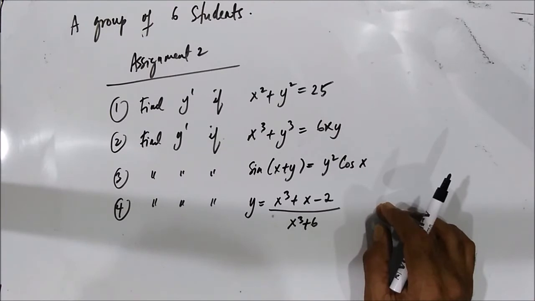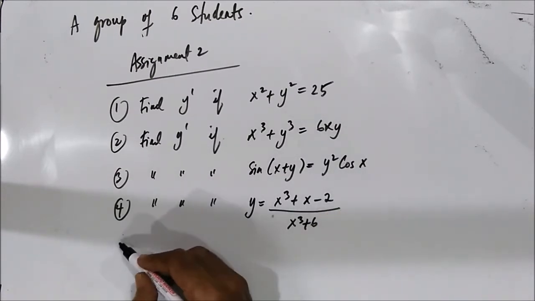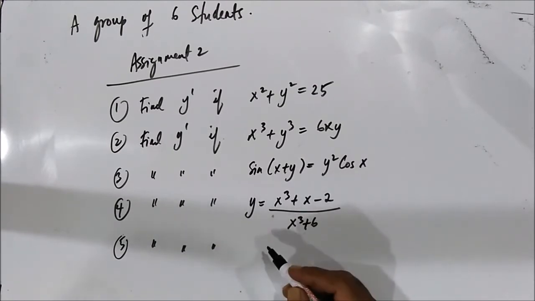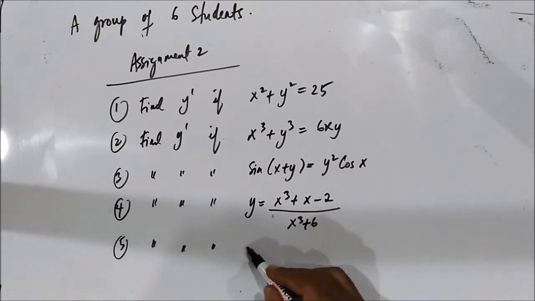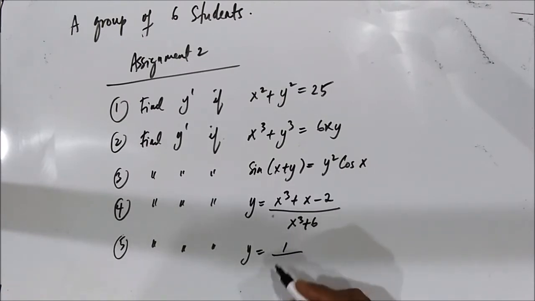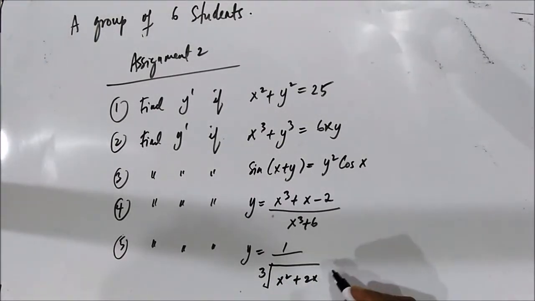Then the other one is number 5. Find y prime if y is equal to 1 over the square root of 3x squared plus 2x plus 1.